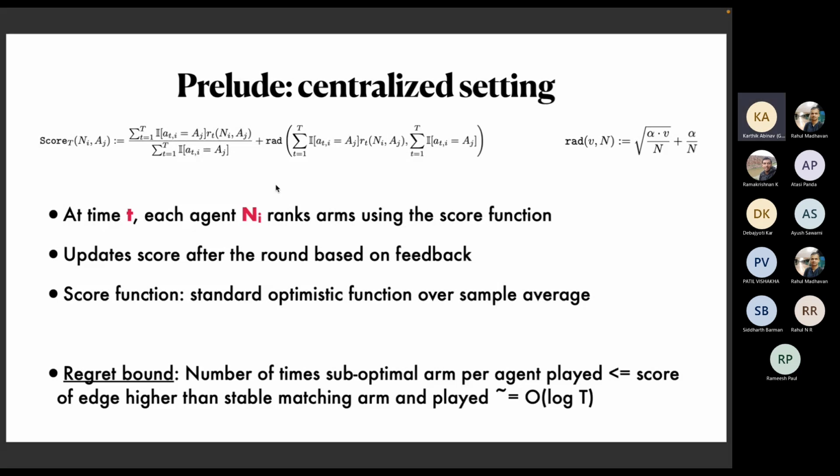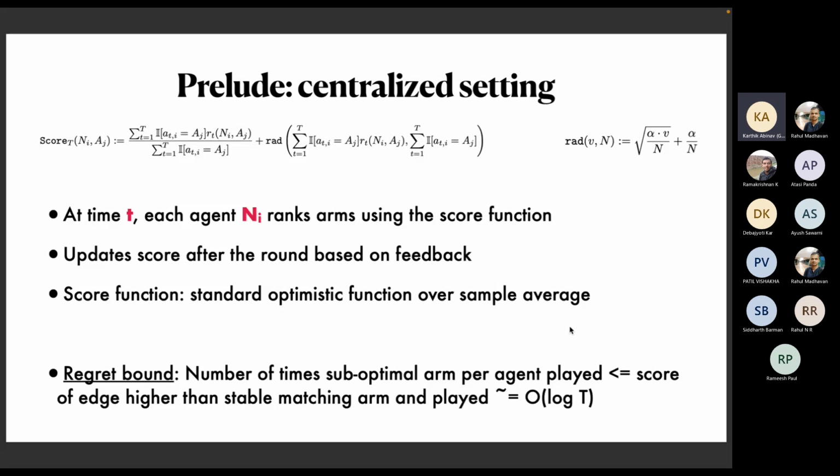One point I want to mention is that even though I keep writing O of log T in the previous slide and here, I'm deliberately hiding the constant. The constant is important for this problem. The constant here is 1 over gap squared, where gap is the minimum difference between any two mean rewards. So you have n times m edges, and each edge has a mean reward.